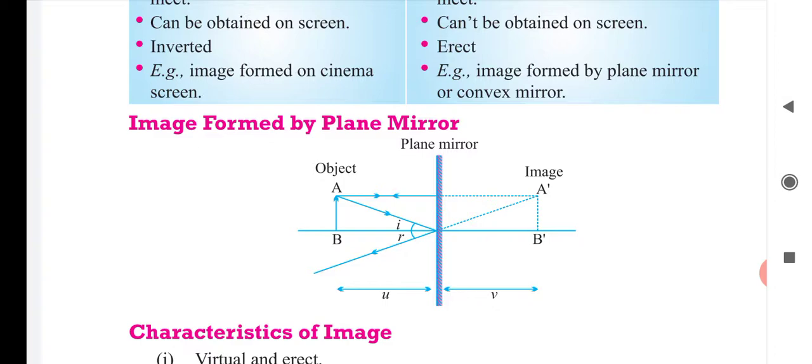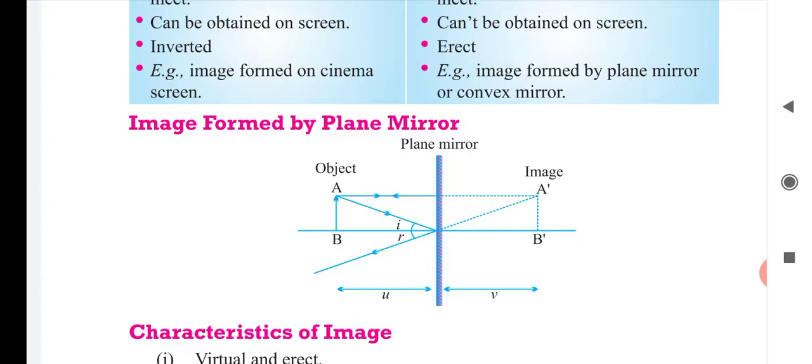When you draw this reflected ray backwards, and when you draw the incident ray from A backwards, these two rays will meet behind the mirror, that is, on the right side of the mirror. The two rays will meet at the point A dash. Then draw one perpendicular from A dash to B dash, that is where the image is formed.